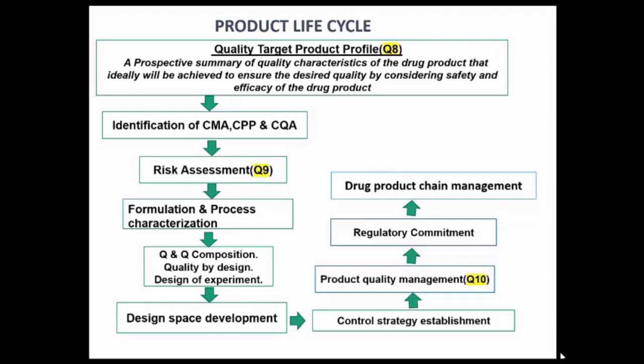In this, design of experiments, DOE studies will be done, which are nothing but process optimization trials and formulation optimization trials. All these trials shall be finalized by the QbD technique, quality by design, with DOE, which has some software.